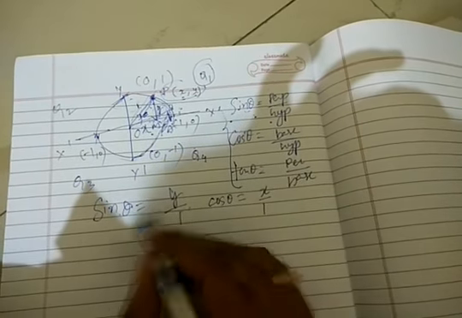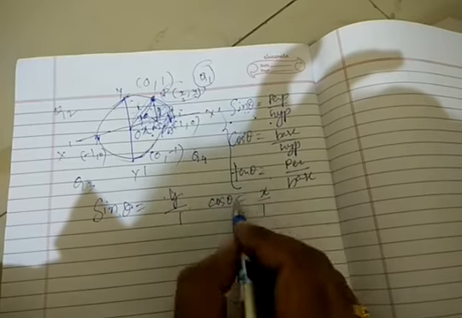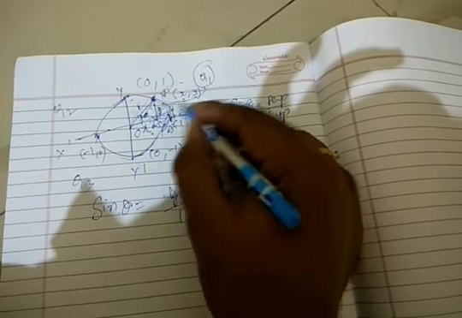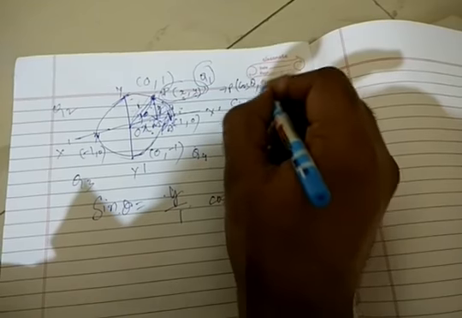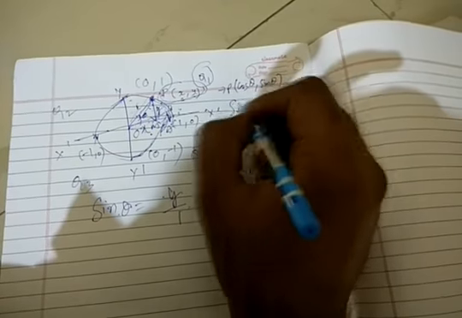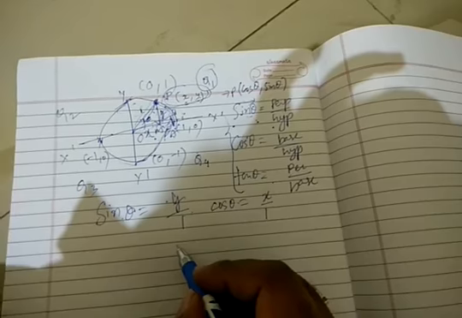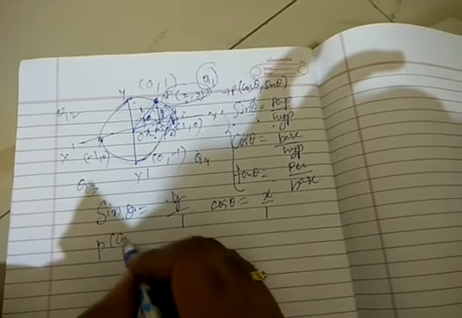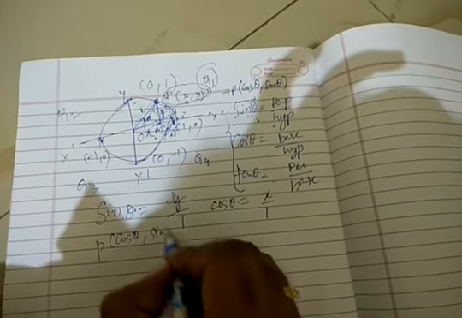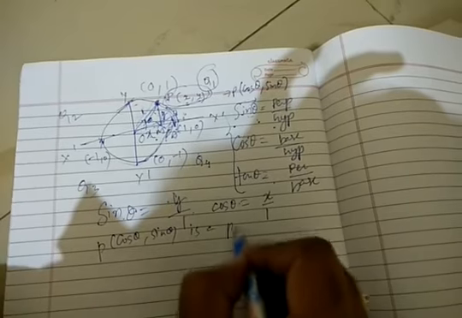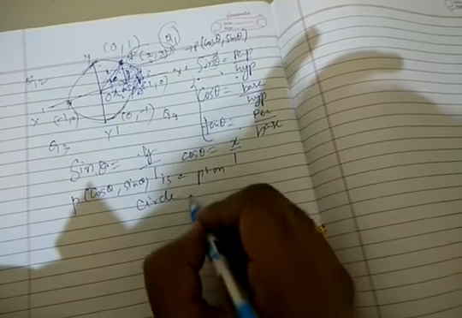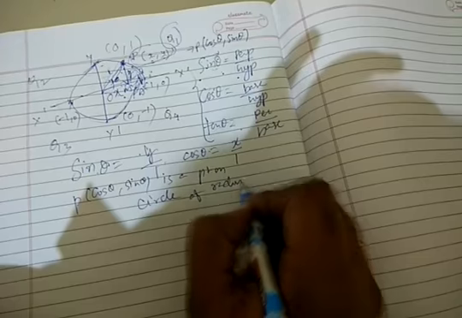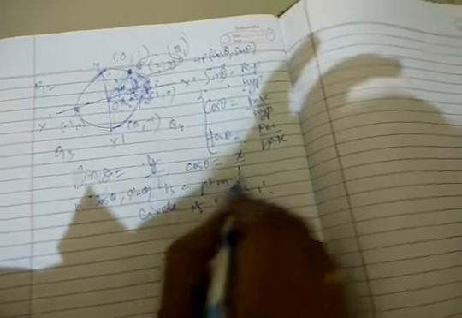That means y is equal to sine theta and x is equal to cos theta. So the point P can be written as (cos theta, sine theta). This is a point on a circle of radius 1, that is, the unit circle.